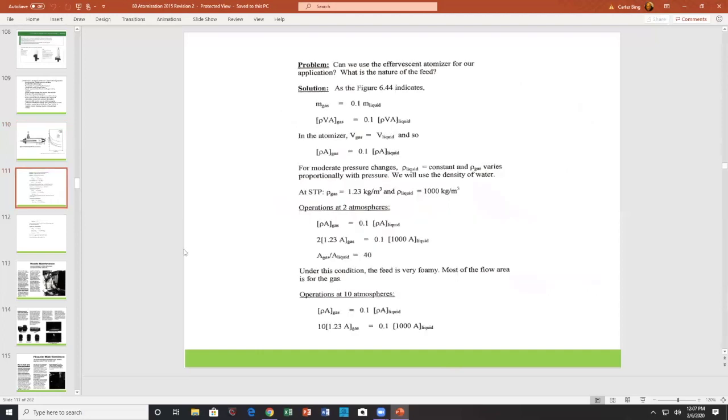Anyway, I thought I'd use my friend ρ_V A_V equals ρ_L A_L, and then we use the effervescence for our flow applications. What's the nature of the feed? I'm talking about 1 atmosphere. Basically, the area of the gas to the area of the liquid will be set by the gas density and the liquid density.